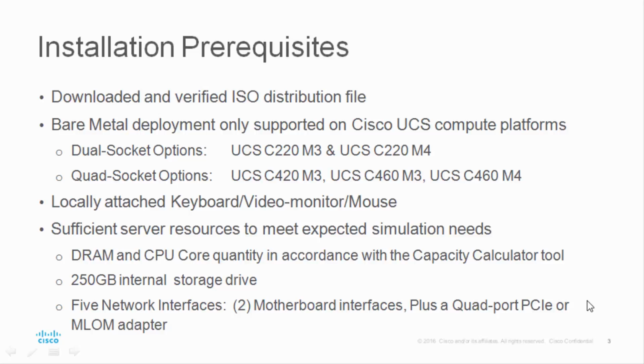When CPU core requirements exceed what can be achieved in a dual-socket server, the current Cisco UCS C460 M4 server is recommended. The older Cisco UCS C420 M3 and C460 M3 servers are also viable platforms on which Cisco Modeling Labs may be run.